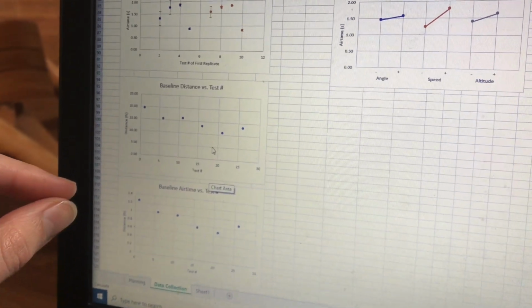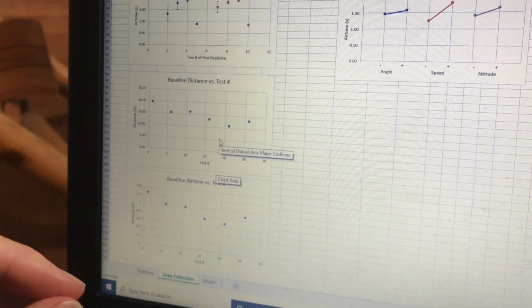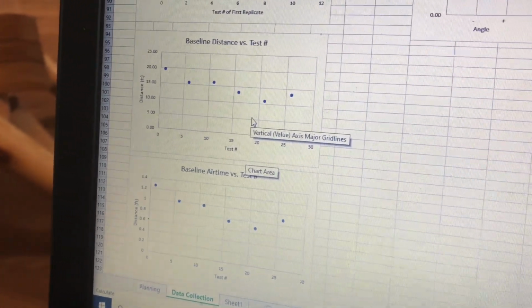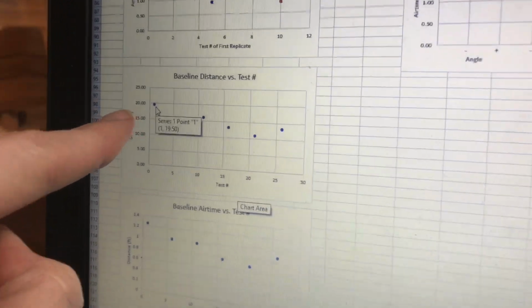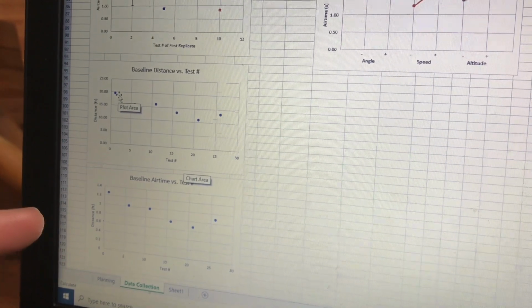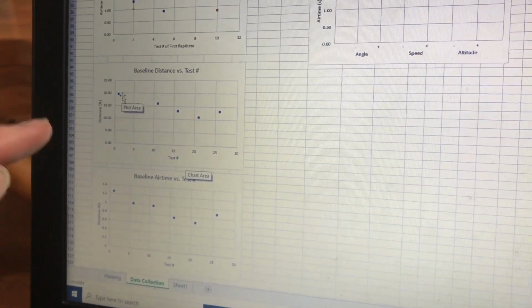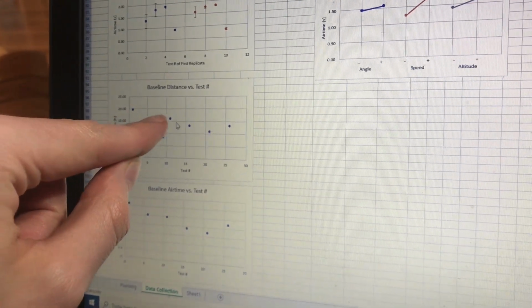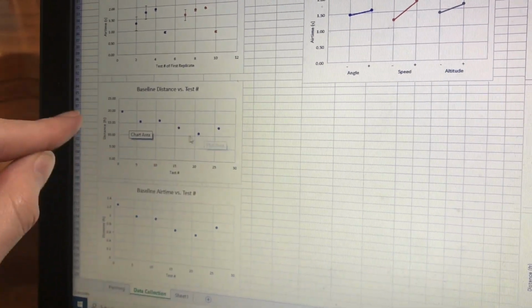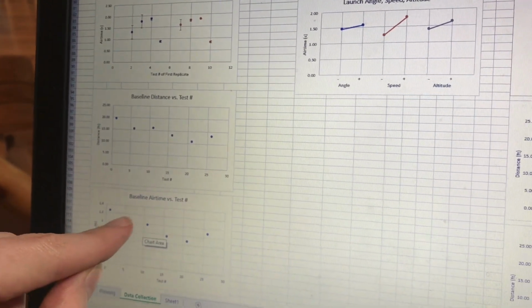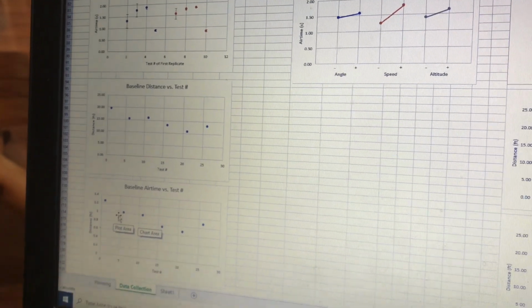Throughout testing, I took a couple baseline tests, which were every once in a while, I did the exact same test another time and then marked it. What you can see is when I launched with the same altitude, speed, and angle, over time, the average distance that the plane went got shorter, and the average airtime got a little bit less.